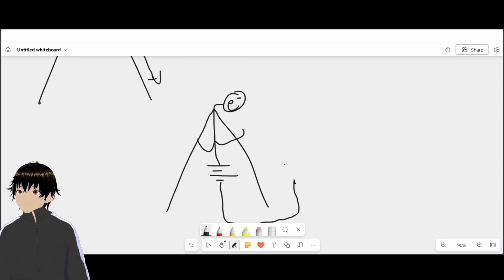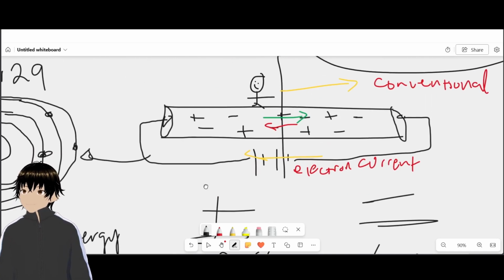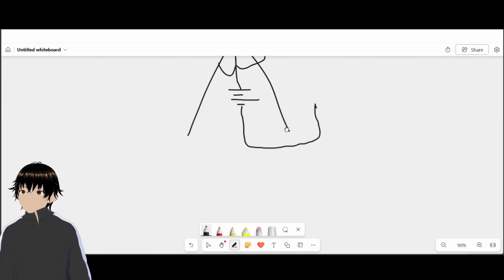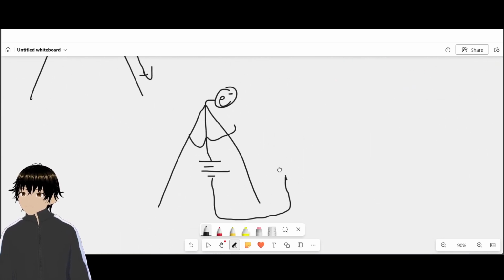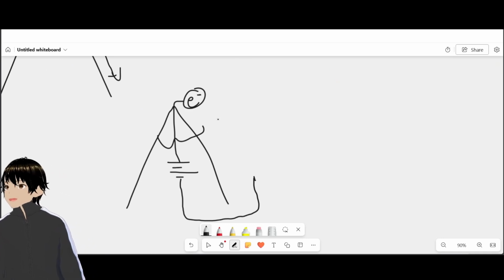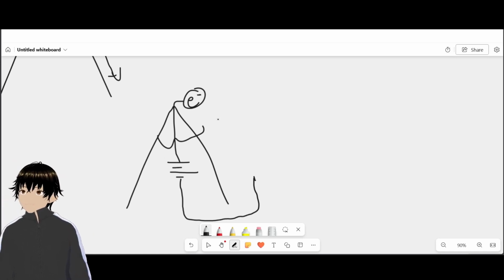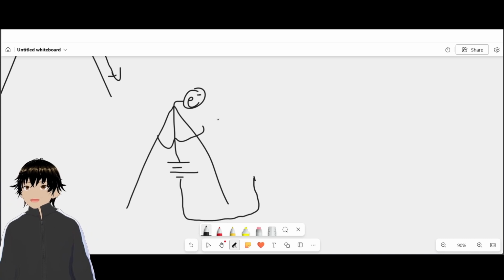So the way that this will work, the ball or the electron will go downward.